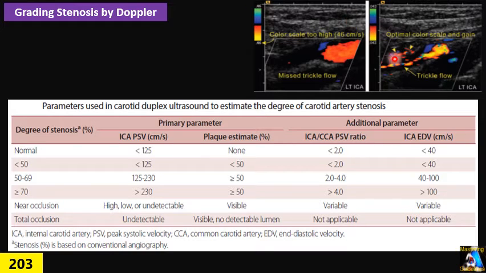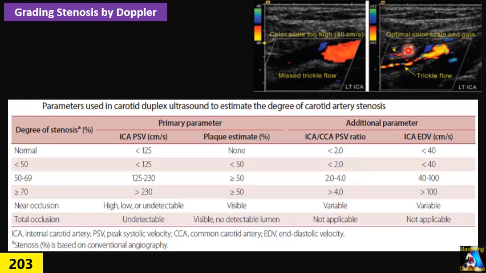The most important thing is to optimize and do our best to detect even a small amount of blood flow passing through that area. For that purpose, we change our setup, including decreasing the color scale, steering the box and correcting the steer box, increasing our frequency, and approaching with a shallower window.